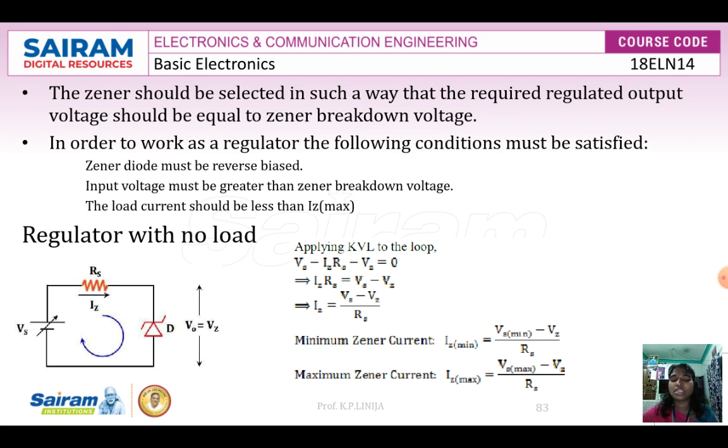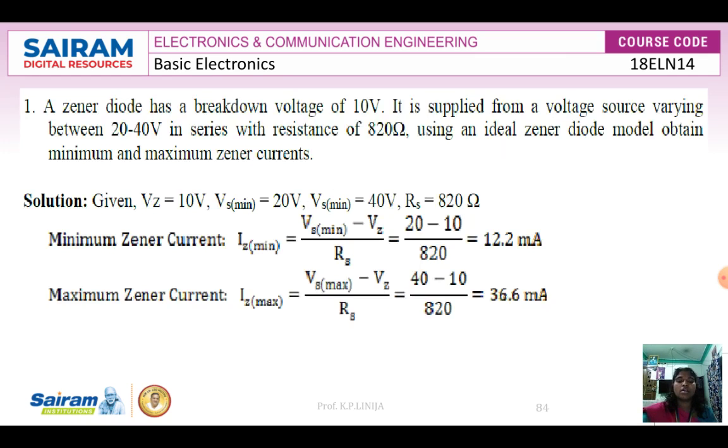So minimum Zener current is equal to Vs minimum minus Vz divided by Rs, and maximum is equal to Vs max, the source voltage, minus Vz divided by Rs.